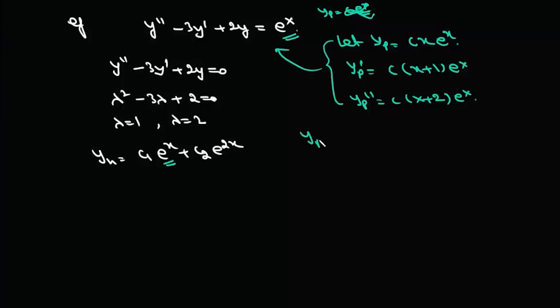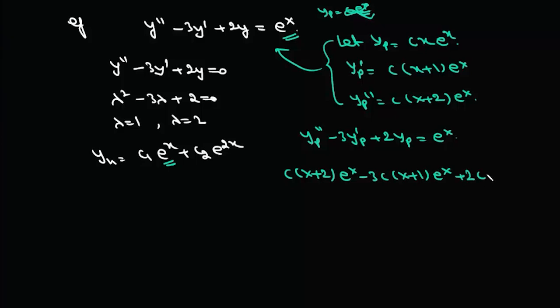So we can write y double dash p minus 3 y dash p plus 2 yp equals e to the power x. So it will be c x plus 2 e to the power x minus 3c x plus 1 e to the power x plus 2c x into e to the power x, and that will be equal to e to the power x.